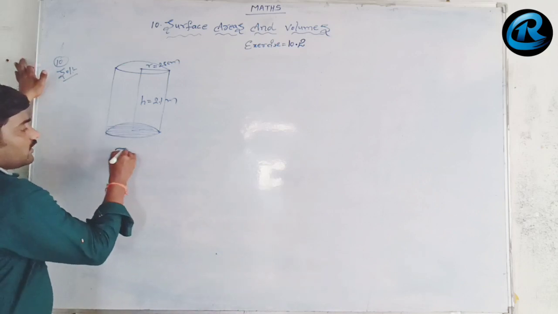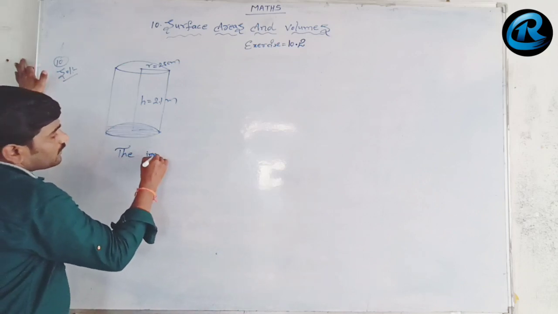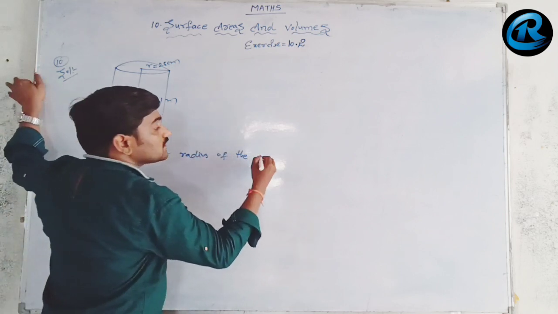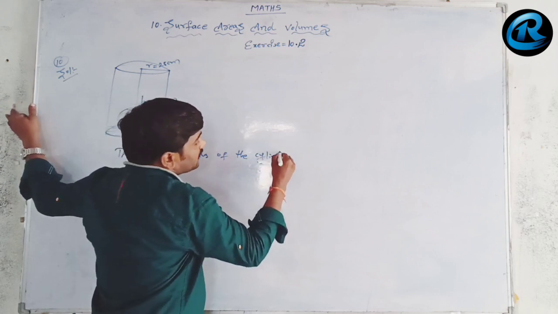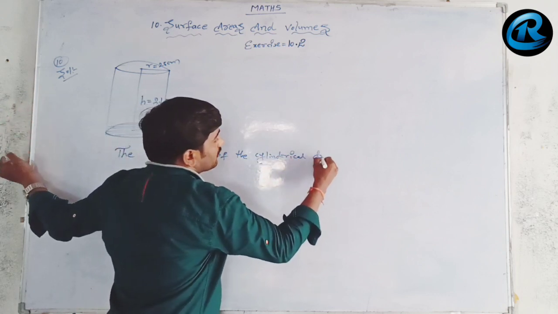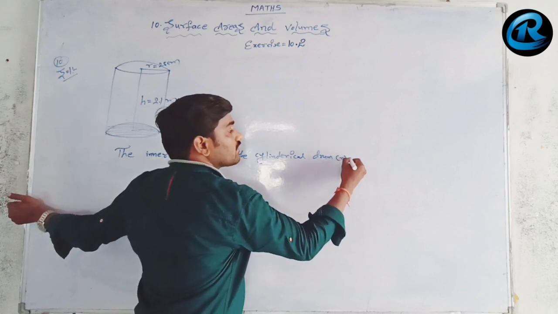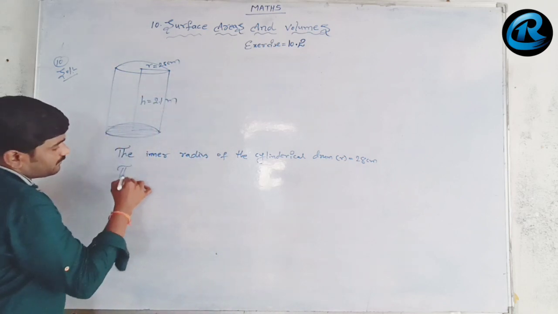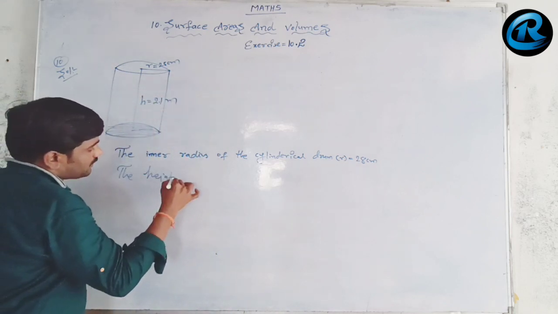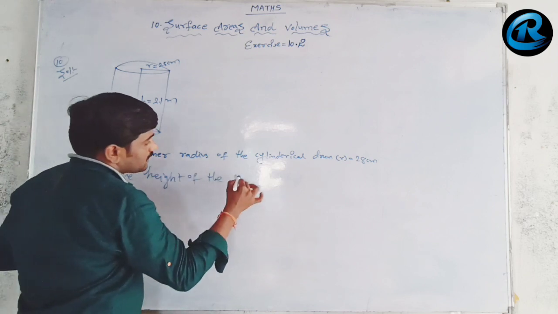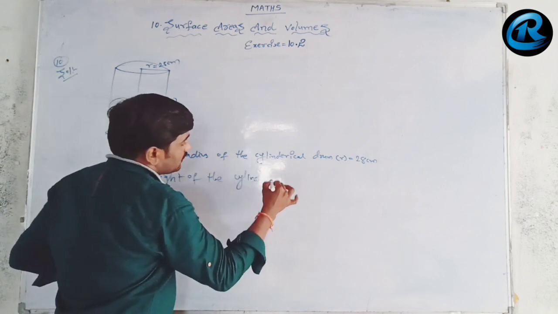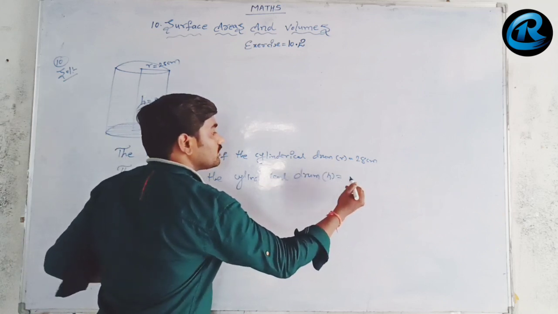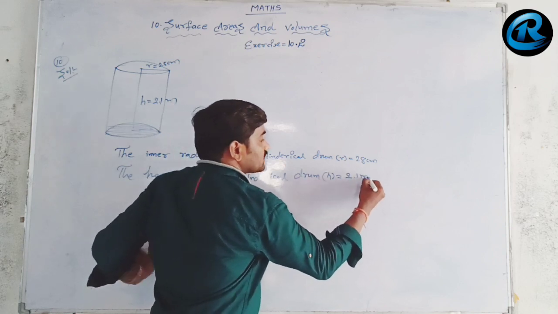So now let us go for it. The inner radius of the cylindrical drum is equal to 28 centimeters. The height of the cylindrical drum is h equal to 2.1 meters.